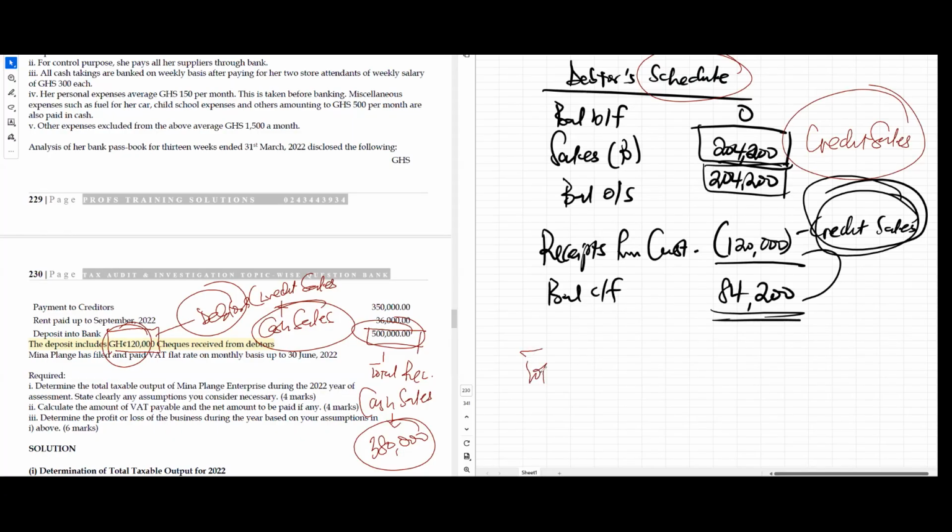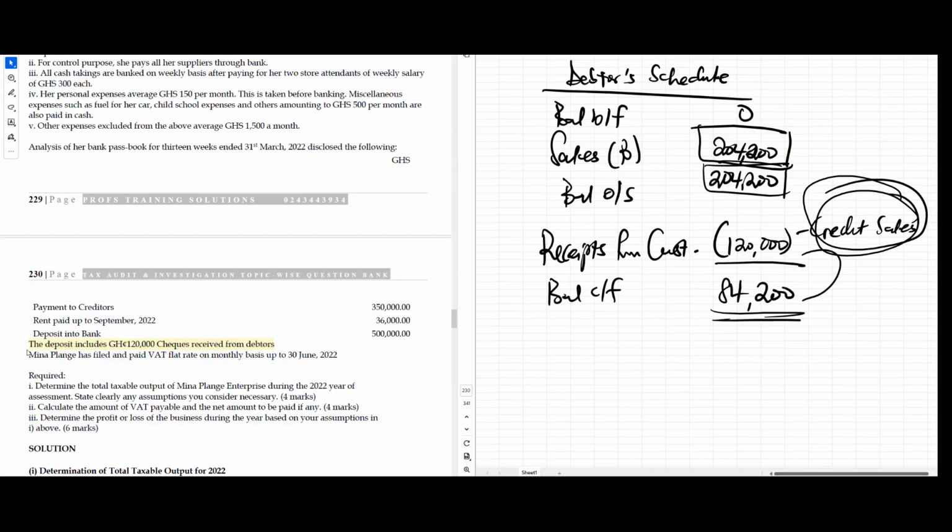So our total sales is what? What plus what? 380,000 plus 204,200. Cash plus credit. Are you guys getting it now? Yeah. This is proper audit. So in that case, our total sales gives us cash plus what? Credit sales. So cash sales was 380,000.